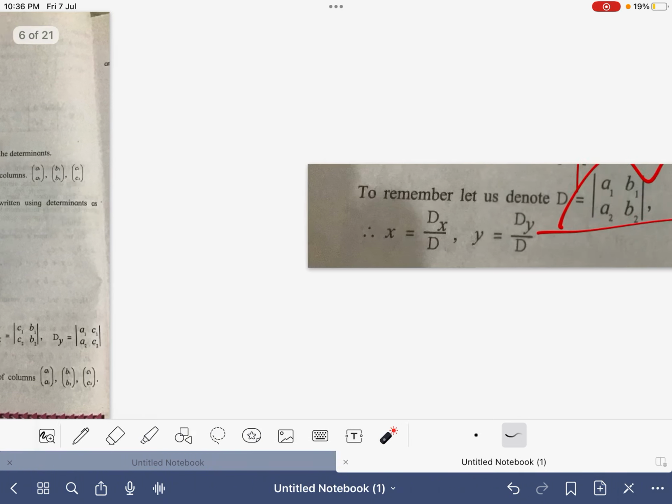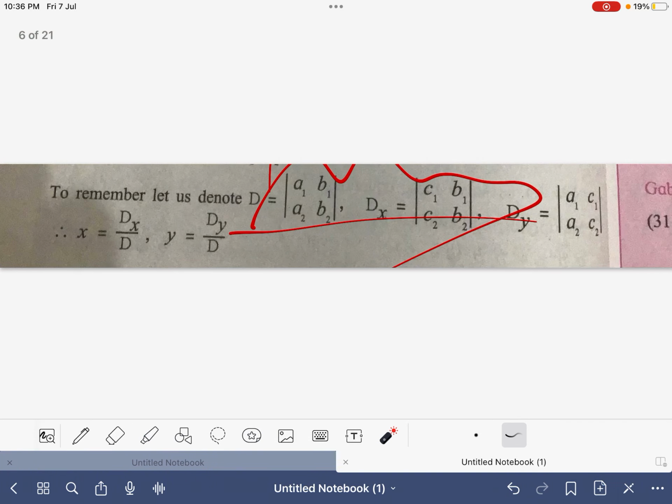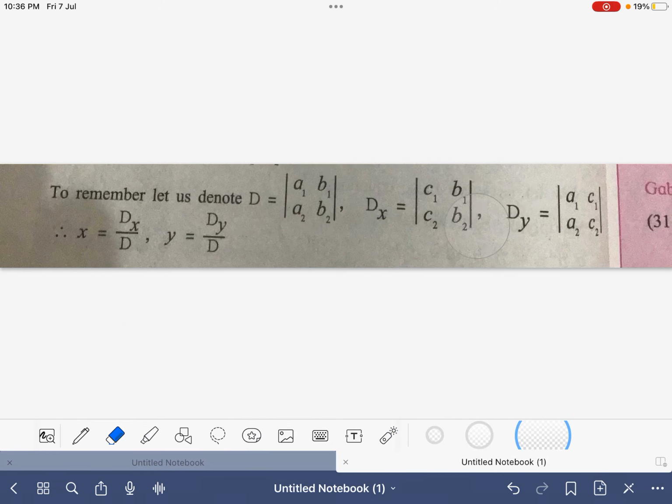So let's move to the next point. These are the shortcuts that we have to keep in mind. Cramer's rule means we are dealing with these formulas: d, dx, dy, and x and y. Clear?